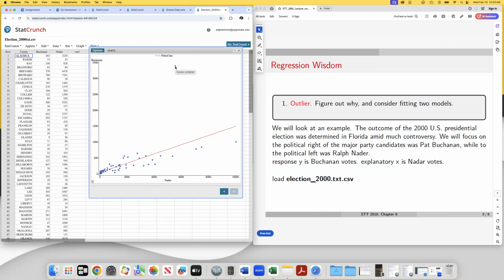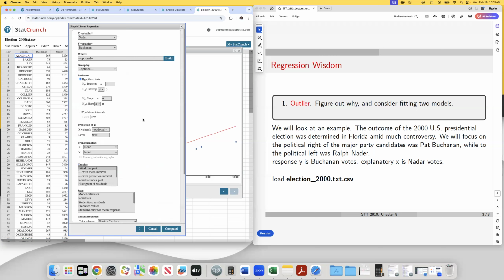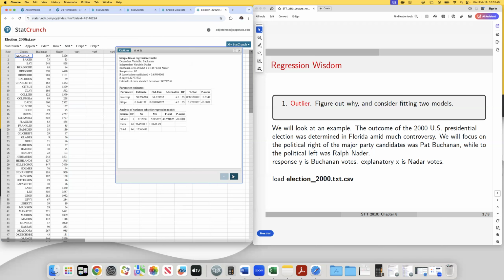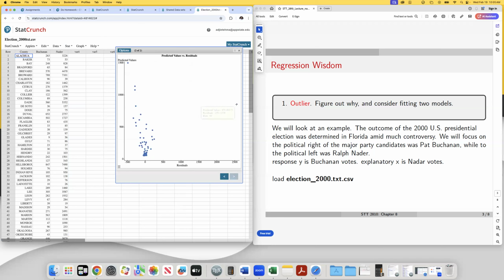The other thing you could do is to look at the regression, because usually outliers have big errors. For example, we could also look at the residual plot.